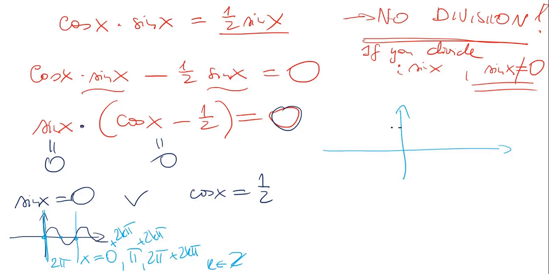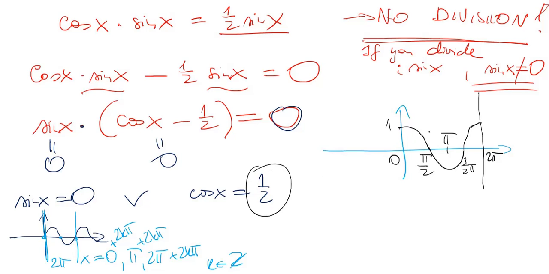are the solutions for the first equation, sine x equals 0, and the second equation is cosine x equals 1/2. So we need the second function, we need cosine x, right? So let's do it here. And the same situation, we need only the part of the function between 0 and 2 pi, because this is a periodic function, so we don't need the whole function.